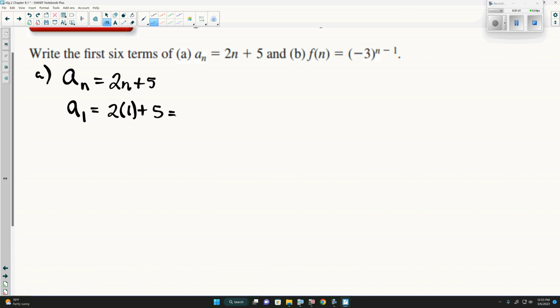So 2 times 1 plus 5. Well, 2 times 1 is 2, and 2 plus 5 is 7. Now, a sub 2 would be 2 times 2 plus 5. Well, 2 times 2 is 4, and 4 plus 5 is 9.